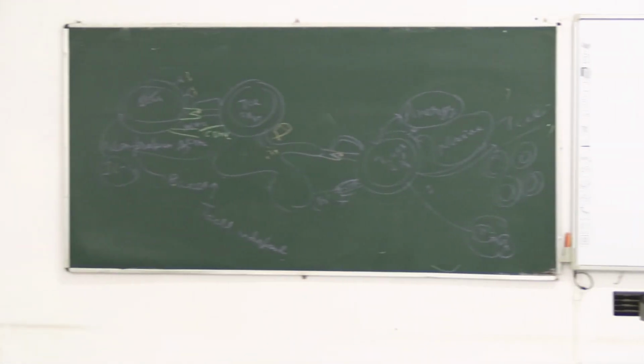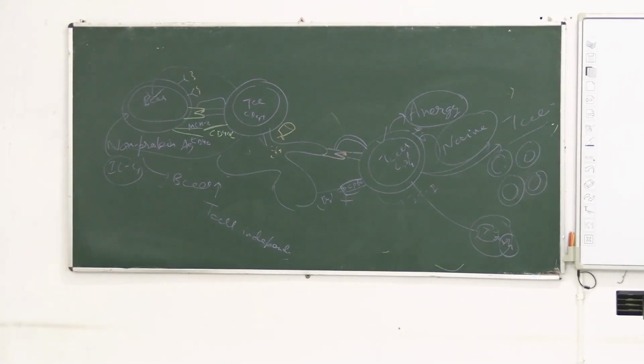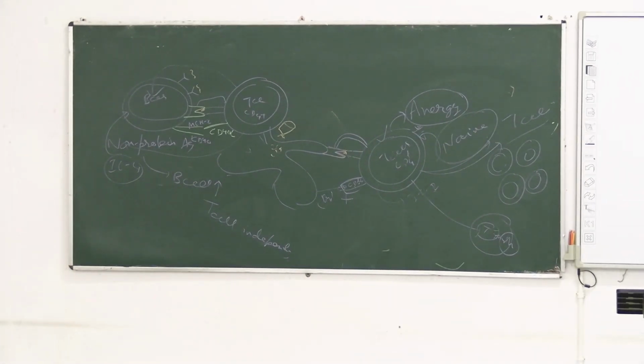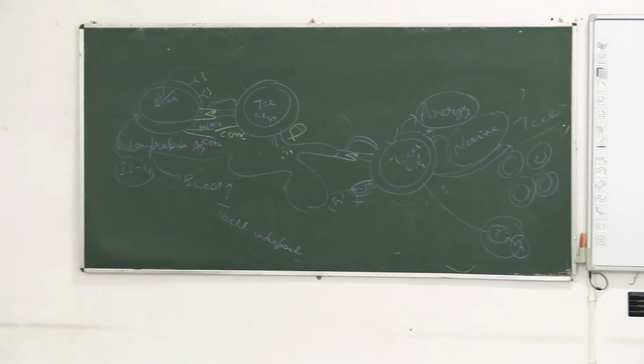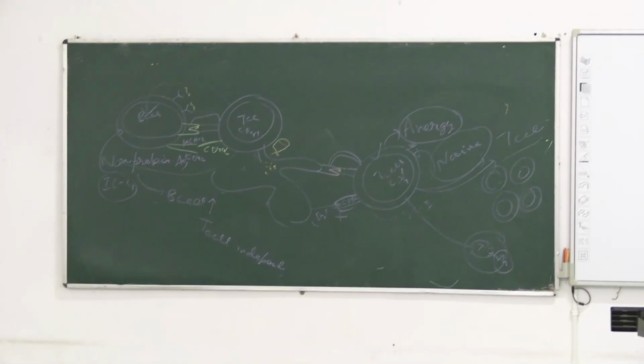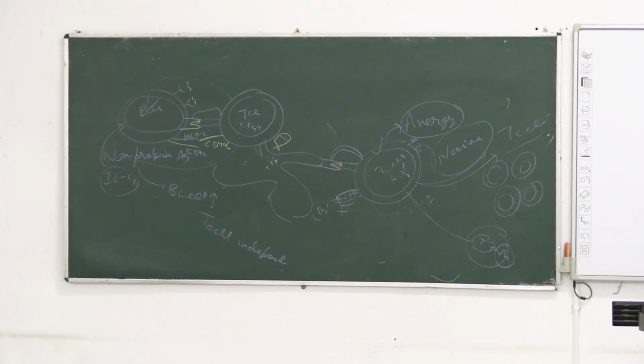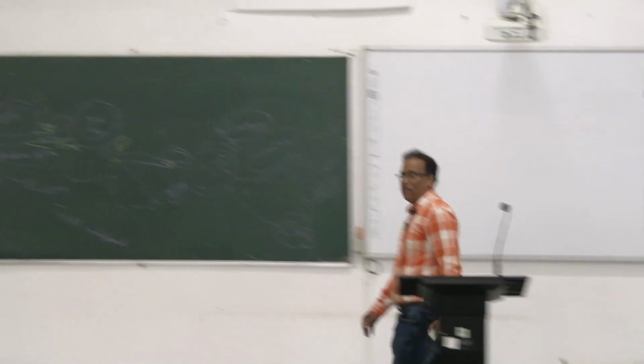Memory cells are formed with the help of T cell. Without T cell, memory cells will not happen. Why are memory cells important? Memory T cell and memory B cell are important because they can encounter the second or future encounter of the same antigen, same bacteria, same virus, then fast and prompt action will be delivered by this B cell and T cell.